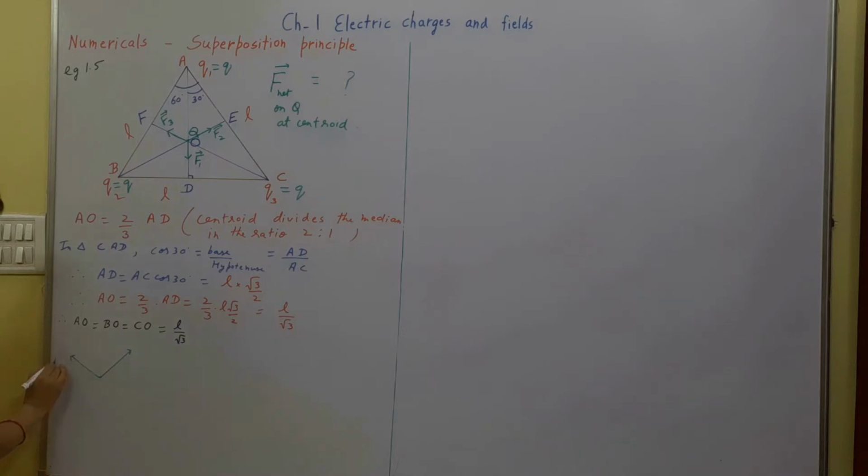This is F3, this is F2 and this is F1, right? This is already vertical. We have to find the resultant of F2 and F3 using parallelogram law. So, this we will get by using parallelogram law.